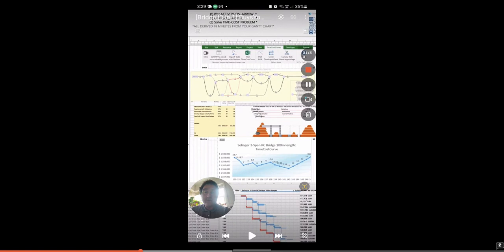So the activity on arrow chart, this is actually a resurrection from the early days of modern CPM planning, when such network diagrams were often drawn, much more so than nowadays. All the information from your Gantt chart is also available here, including activity ID and description in the legend. We have durations and costs.